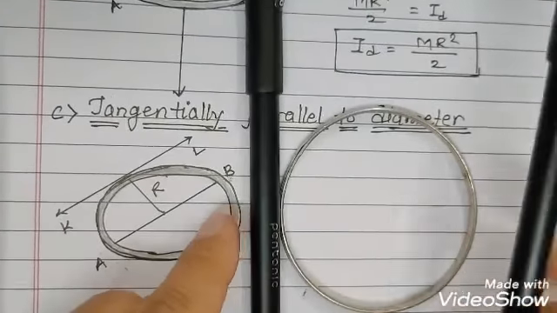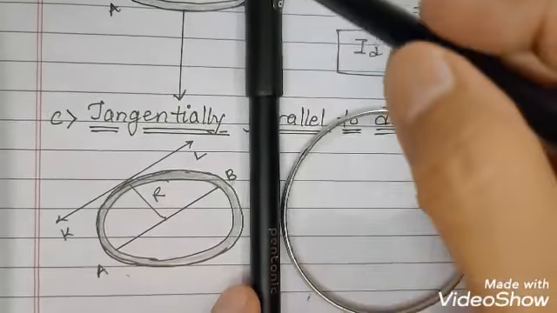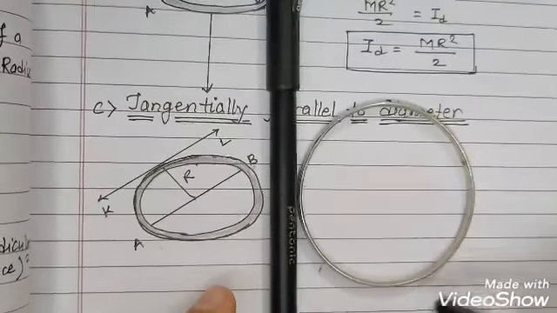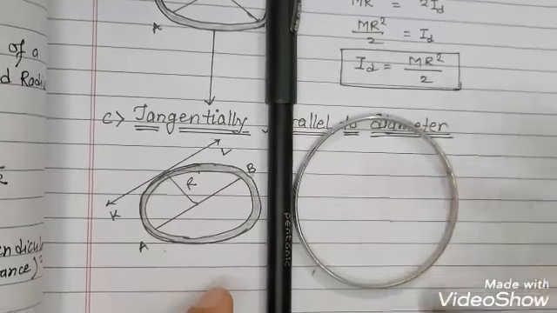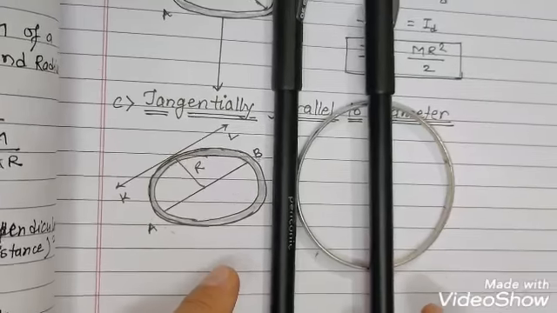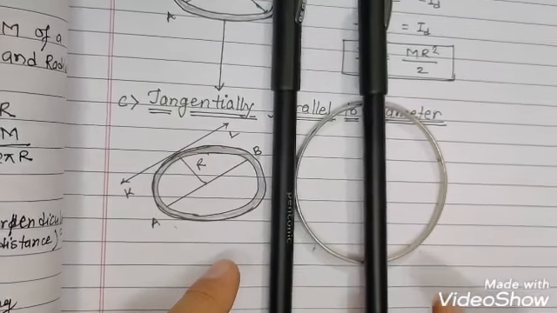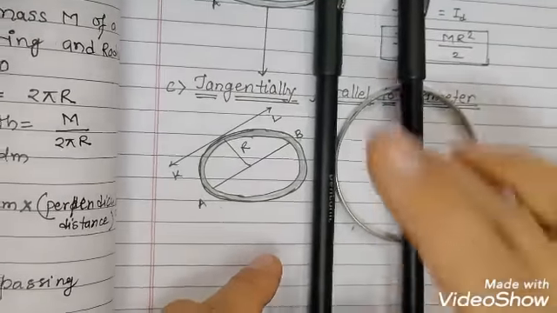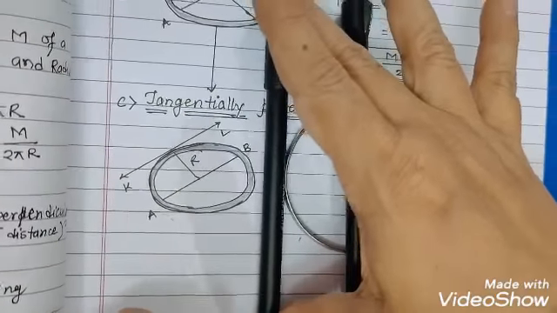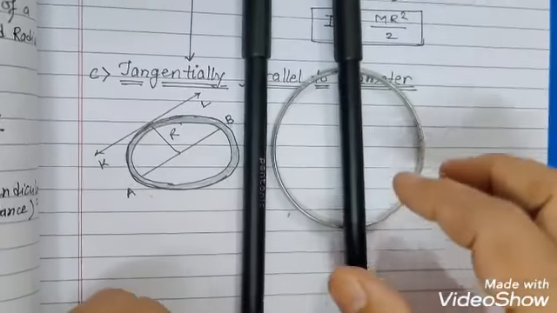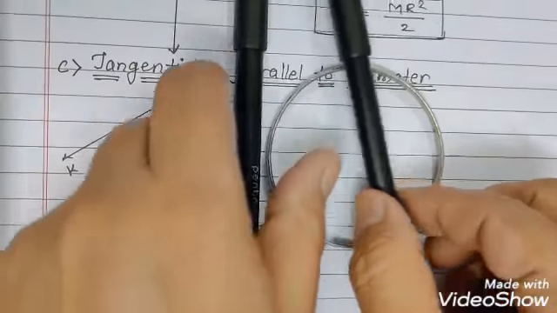Here you will see an axis which is passing tangentially through this ring and which is parallel to the diameter. This is the diameter and parallel to the diameter. So we have to find out the moment of inertia about this axis which is passing tangentially through the ring and parallel to the diameter.